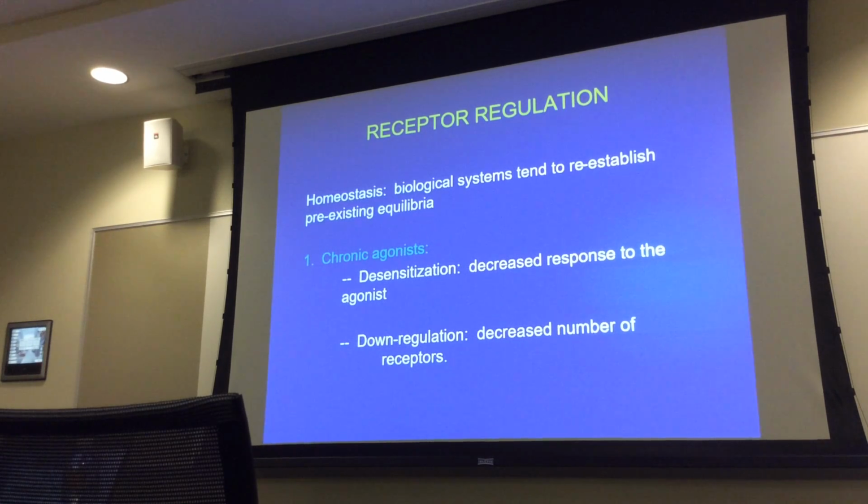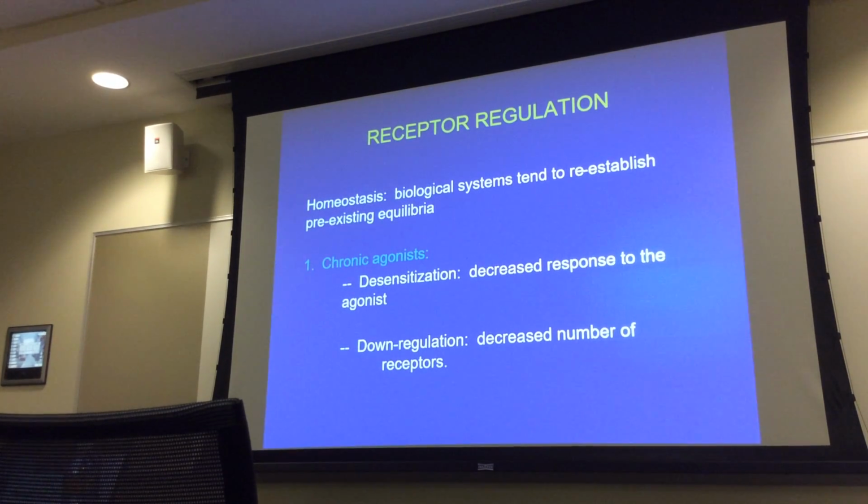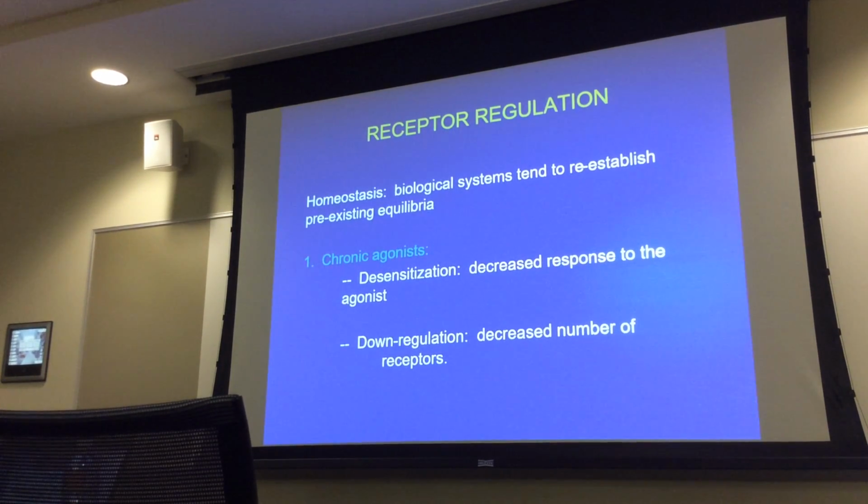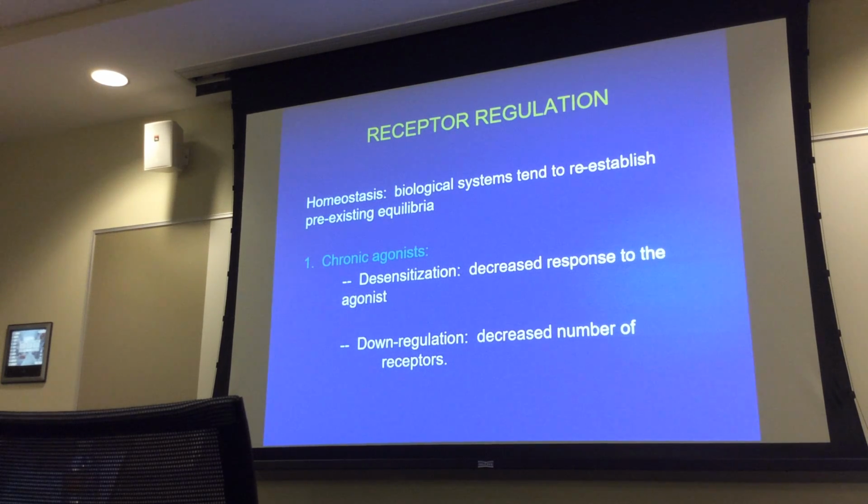So I thought downregulation was like the direct method to desensitize the cell. What is an example of that desensitization? I'm going to show you two different mechanisms of desensitization. One, the ionotropic receptors, I'll talk about in just a few minutes, and then next week we'll talk about the G protein mechanisms.